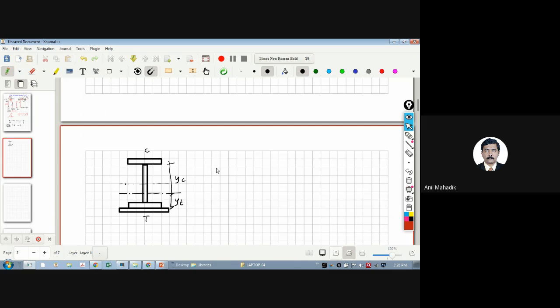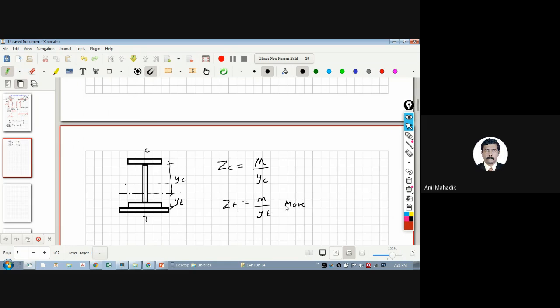That means ZC will be M upon YC and ZT will be M upon YT. So which value will be more in this case? ZC will be more or ZT? ZT. So this will be more.